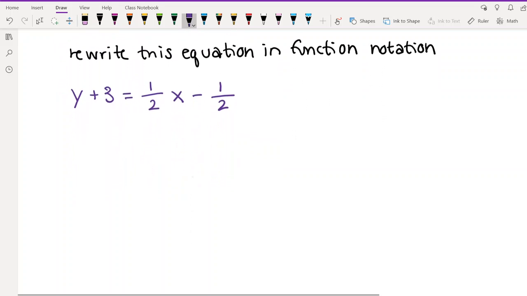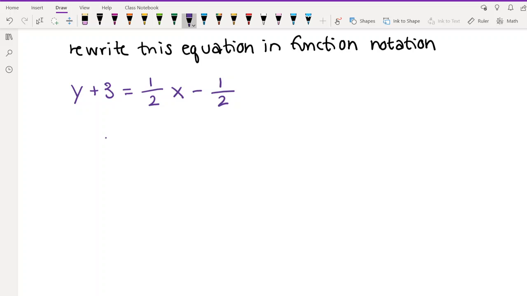And so now we can subtract 3 from both sides, and then once we simplify, we'll be able to rewrite it in function notation. So we'll have 1/2 x minus 1/2 minus 3. So in order to combine these two numbers, we want to make a common denominator. So we can write -3 as -6/2.